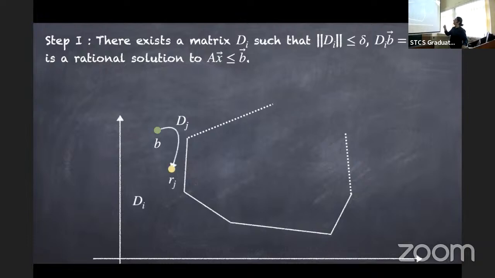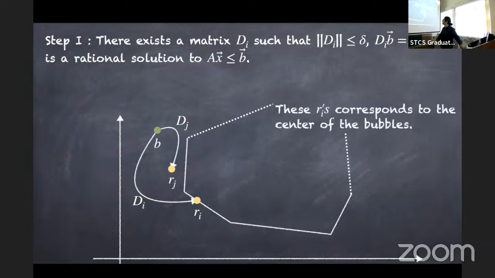So amongst these big D's, which are less than or equal to delta, you can find one such that when you transform your B with that D, you get a rational solution, not necessarily an integer one. In fact, it's a bit stricter: there will exist a D such that you get a rational solution on the minimal face of this polyhedron. So this is the very first step.